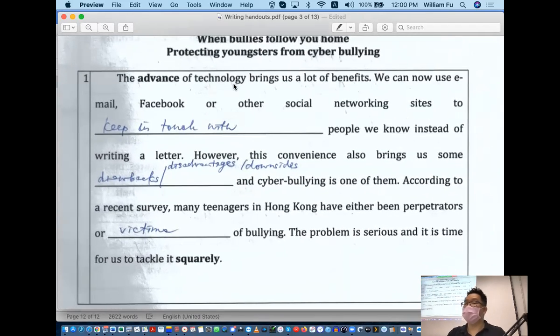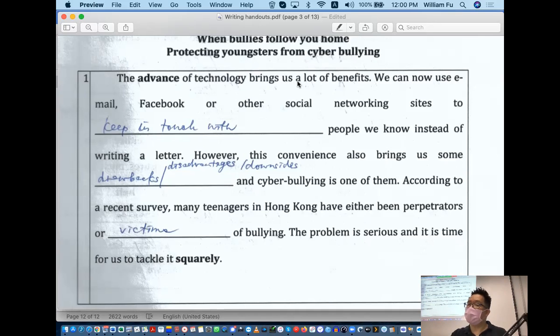Now, the advance of technology brings us lots of benefits. Now for one more thing, for introduction, it should be like a funnel. You start with something broad and narrow it down to your ideas. Understand? Okay. Now you should also appreciate how these students use words, their choice of words.